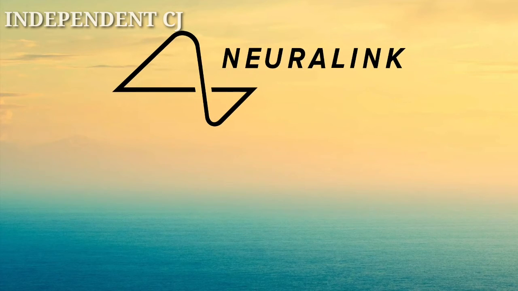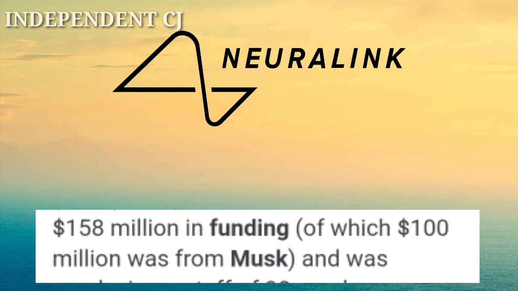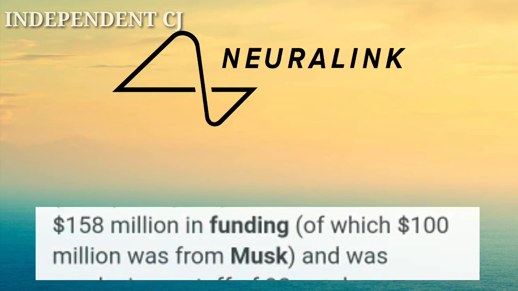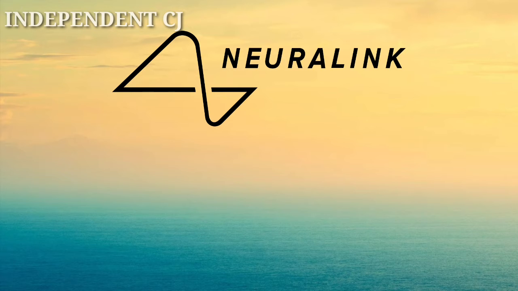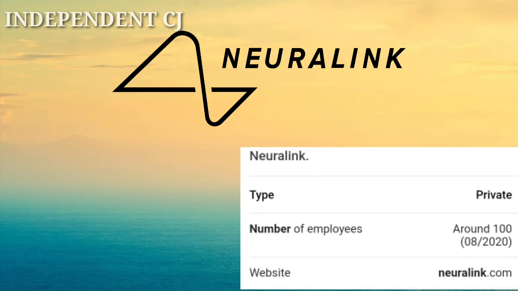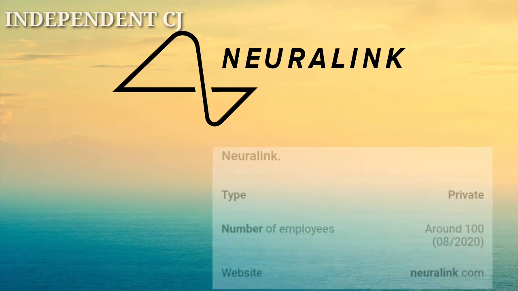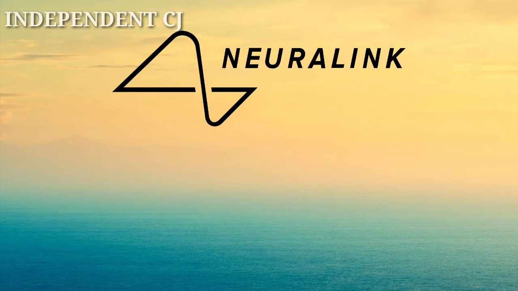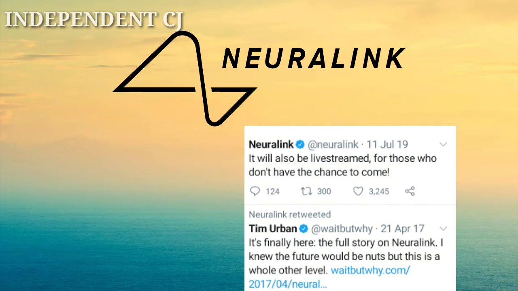In 2016, Elon Musk started Neuralink, which has funding of 200 billion USD. Nearly 100 people are working on it till now. In 2016-17, Elon Musk announced on Twitter that they were recruiting scientists.